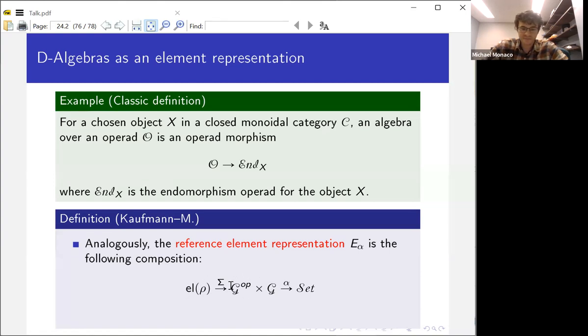So we apply that sigma functor here, and then apply alpha. We would then define a D algebra as a morphism from D to E alpha. And remarkably, those two things are the same thing. It comes from the defining property of left Kan extension.